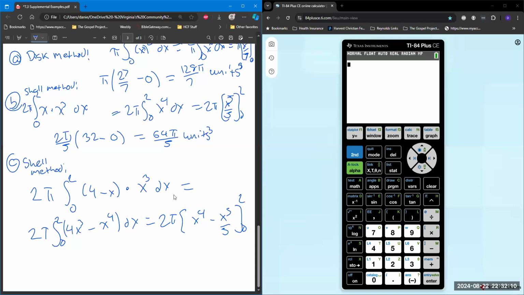And that is 2 pi times 16 minus 32 over 5, which is 2 pi times 80 minus 32 over 5, which is 2 pi times 48 over 5, which is 96 pi over 5 units cubed.